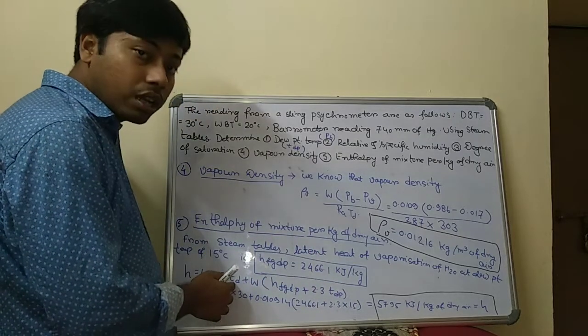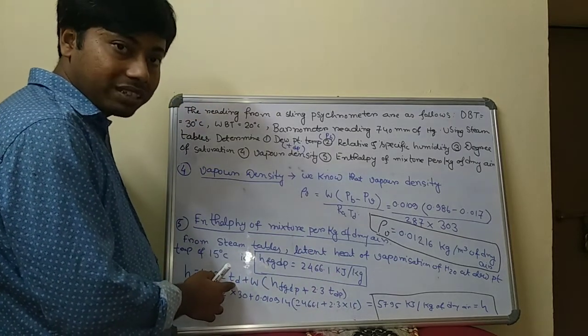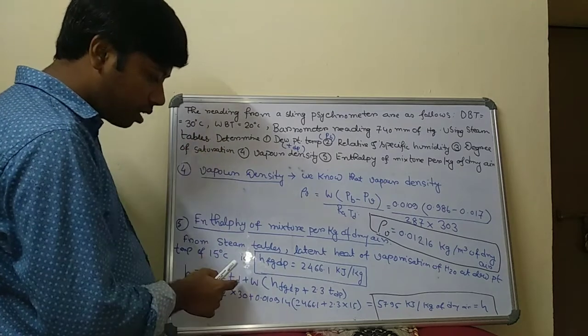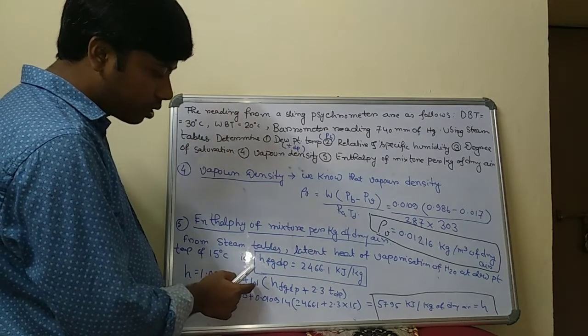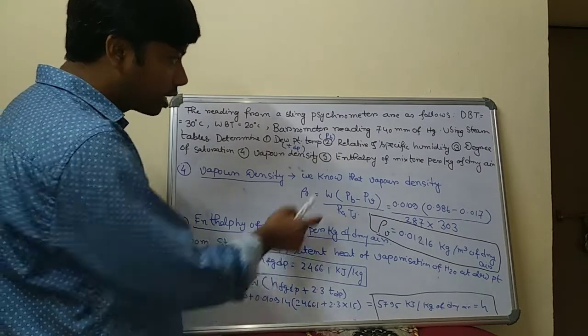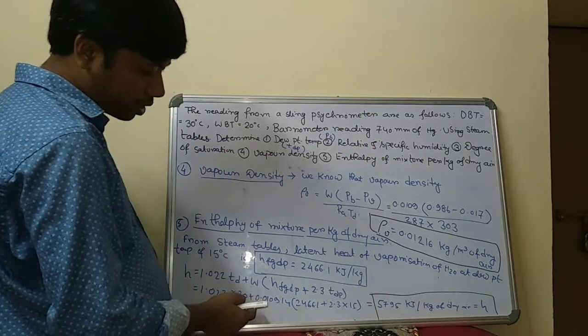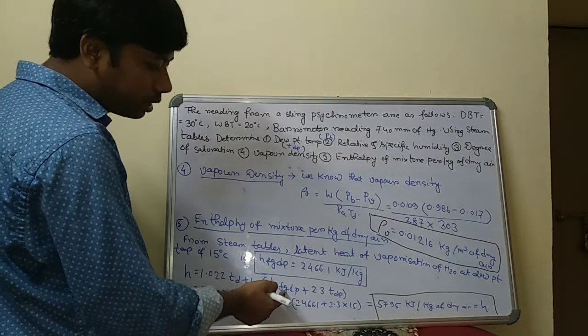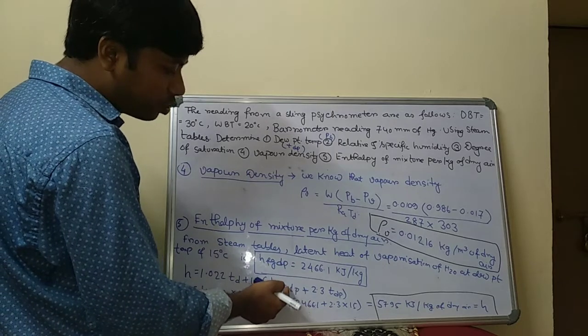TD is your dry bulb temperature, given as 30 degrees Celsius in the numerical. Specific humidity W is 0.0109, calculated in the previous part, and HFG dP means the latent heat of vaporization corresponding to the dew point temperature.